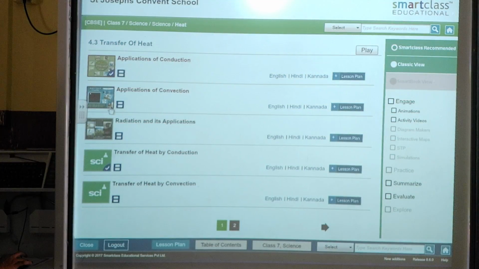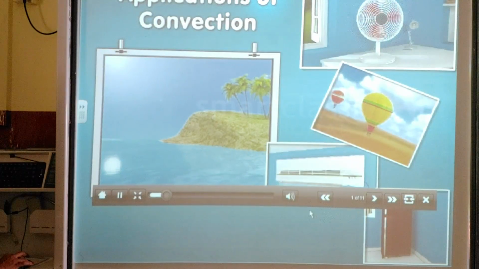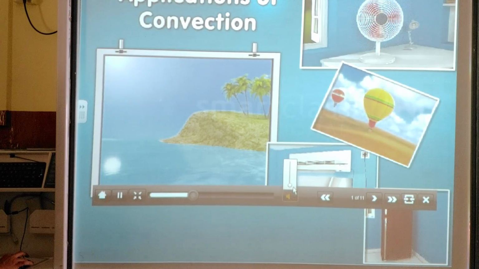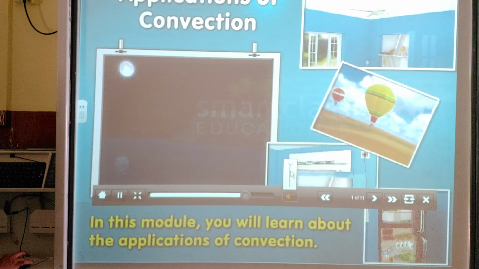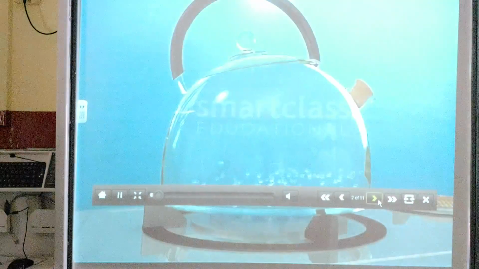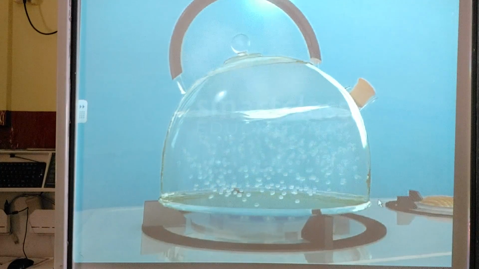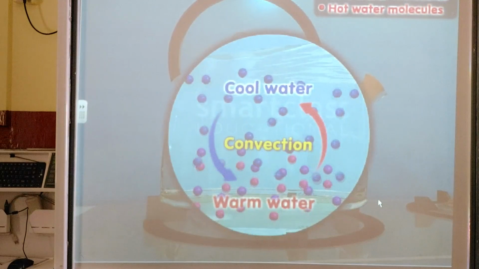Okay. Now next we'll study applications of convection. You know that convection is the flow of heat involving movement of particles.